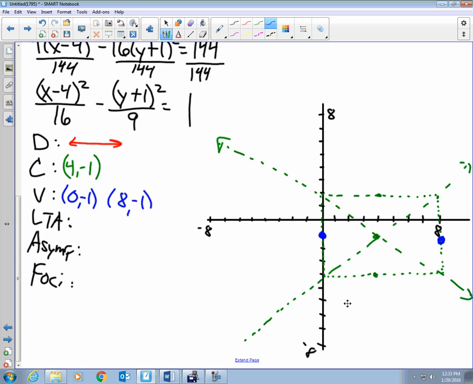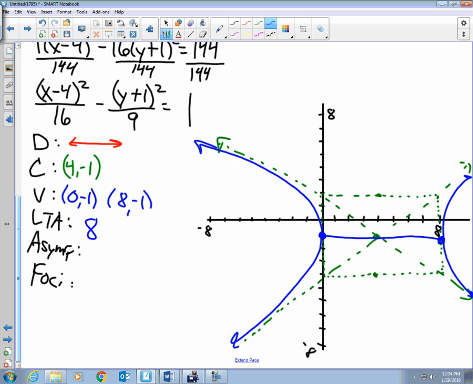Got it. I will now make my shape, since I know my vertices. Length of the transverse axis is the distance between the two vertices. What is the distance? 8.